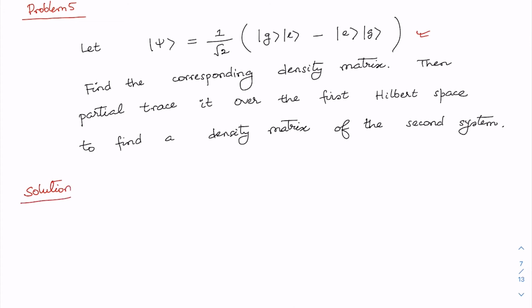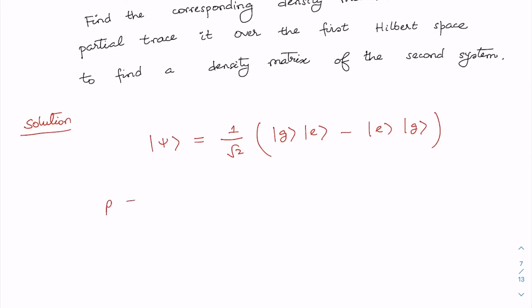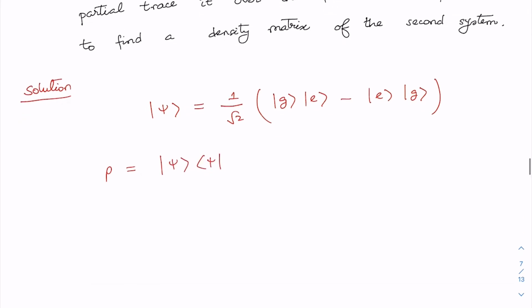So we have ket psi equal to 1 by root 2 (ket Z tensor product ket E minus ket E tensor product ket Z). The density matrix would be ket psi bra psi, and if we do that, 1 by root 2 will appear twice, so we will have half here.